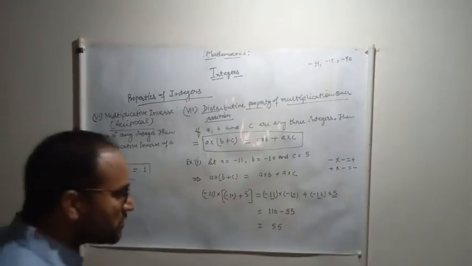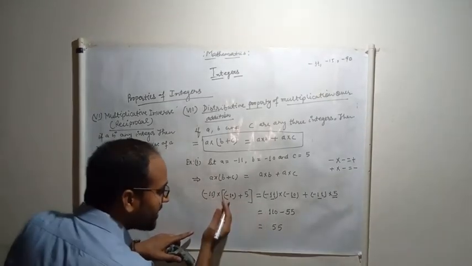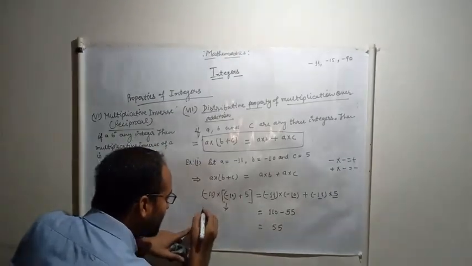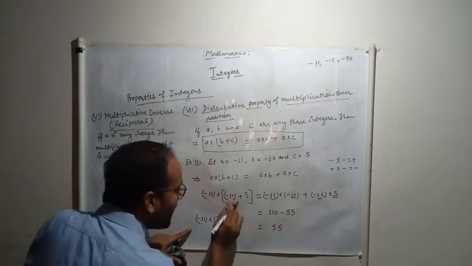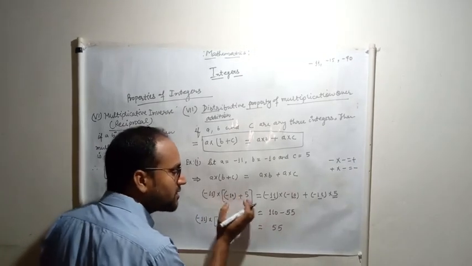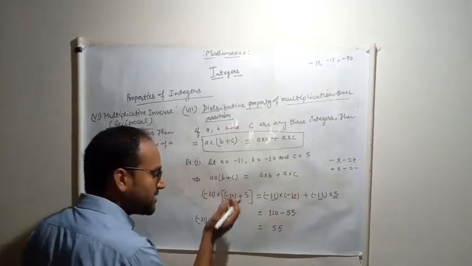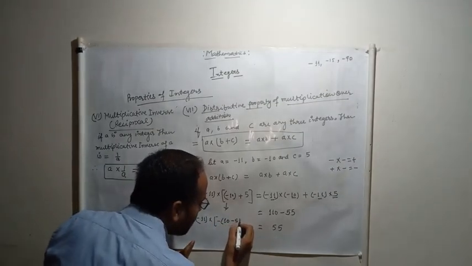And if you want to check whether it is correct or not, you will solve the left side also. Sorry, left side. Right side you have solved. Left side, minus 11 is in brackets. Multiply and solve this one. One is a minus, another is plus. You know that for unlike signs, subtract them and put the sign of the greater value. 10 is greater than 5. Its sign is a minus. So solve this one. Minus 10 minus 5.